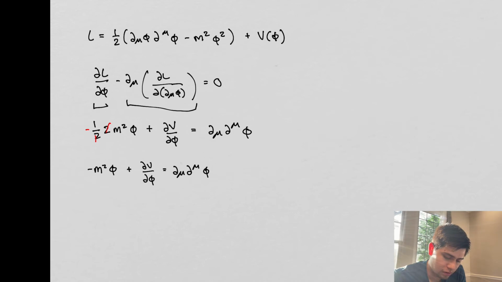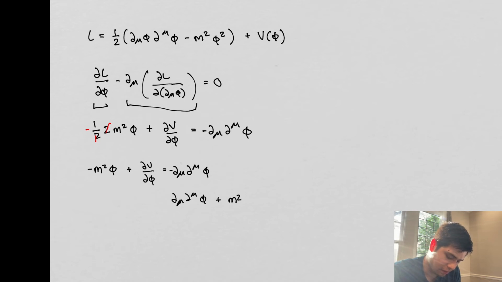Let's take a look at this now, because if we were to rearrange this, again, we just get d mu phi plus m squared, this is actually a minus sign. That's why I'm getting mixed up here. Right?